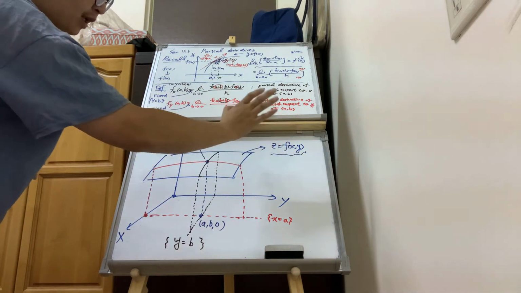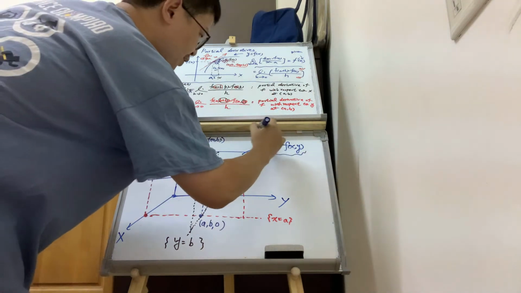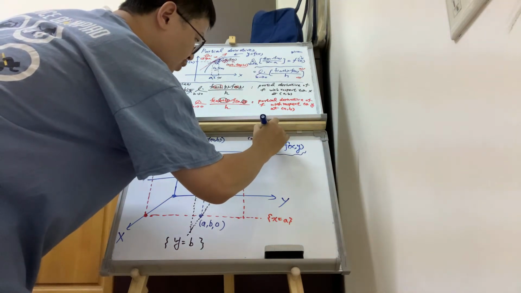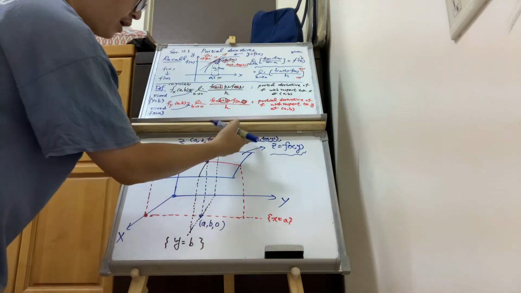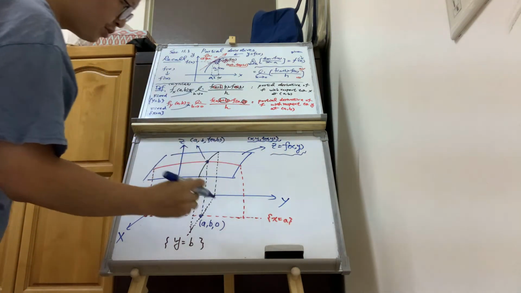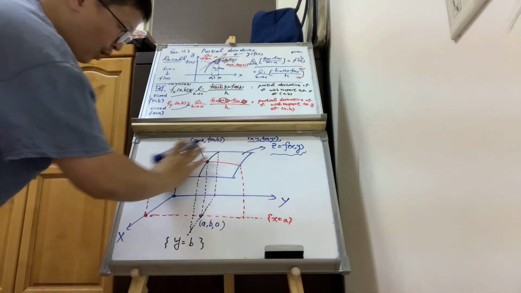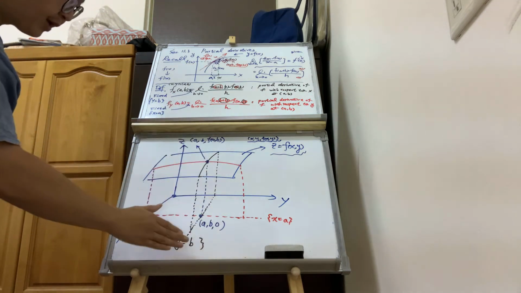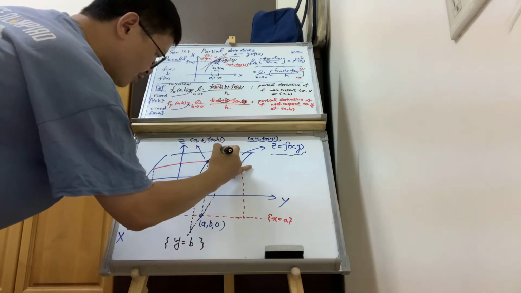And all the points (x, y, z) with z equals f(x, y) form the graph of the function, and (x, y) should be in its domain. Okay. So we consider its graph and then we fix the plane y equals b. Then we will have the intersection. It's the intersection.